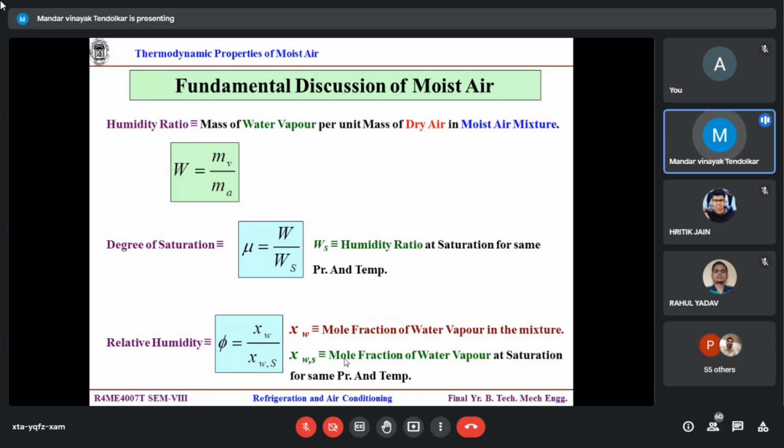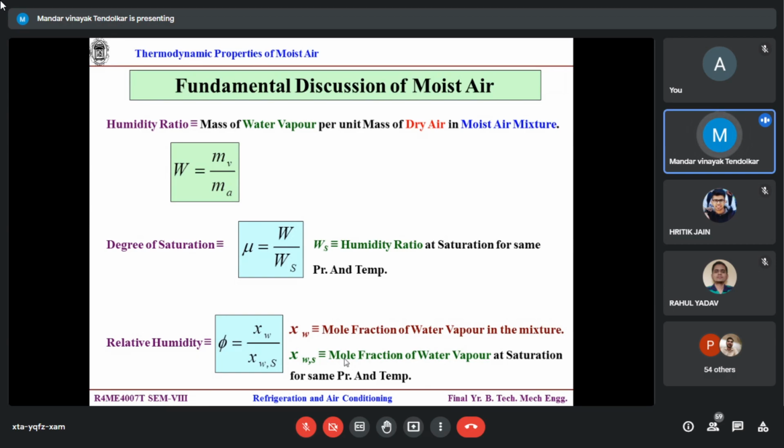And now you compare this with the degree of saturation. Degree of saturation is expressed in terms of W, where W itself is in terms of mass. And relative humidity phi is expressed in terms of the mole fraction. That's not mass. Correct? I hope you know about the difference.